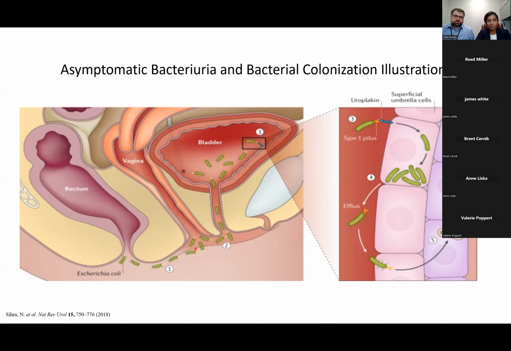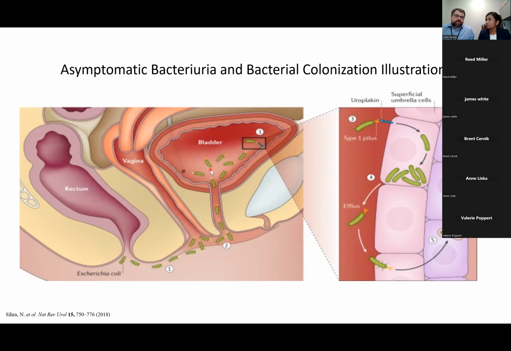So this shows the pathway. For example, if there's an E. coli, it's very easy for it to colonize the bladder. If you have urine in the bladder, the E. coli can just be part of that urine and part of that bladder area. Yeah, so bacteria in the urine is a normal finding. You just think of it as normal colonization.